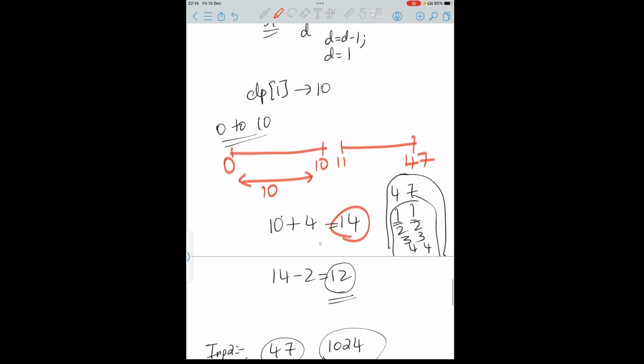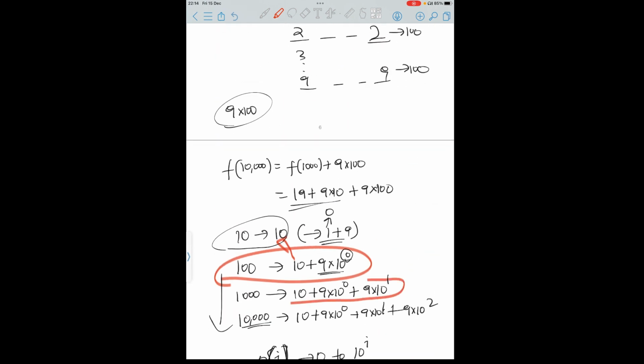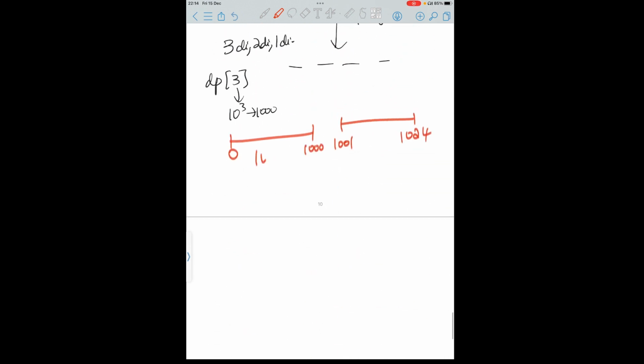From 0 to 1000, we calculated earlier that there are 109 such numbers. If we know the number of integers from 1001 to 1024 that satisfy the property, then we just add to 109.